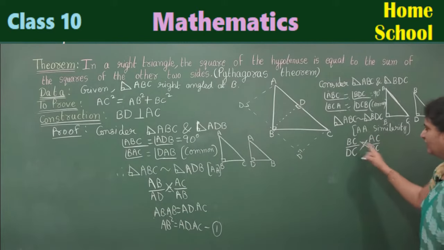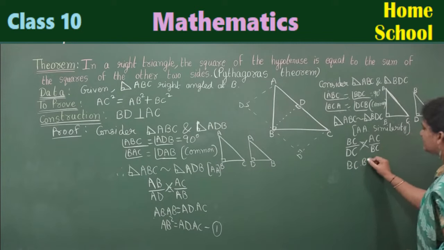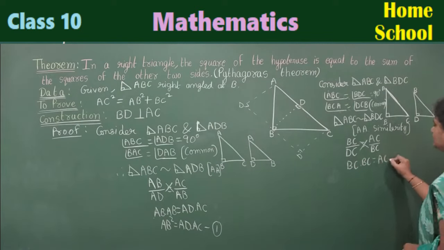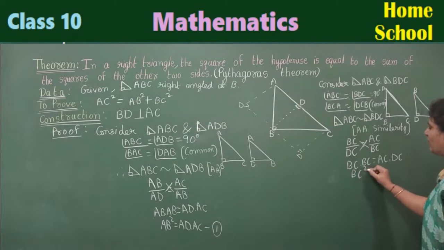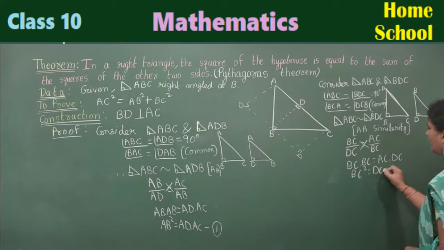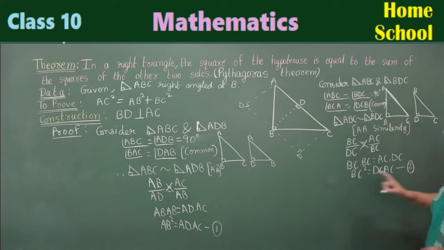Cross multiply: BC into BC is equal to AC into DC. That makes BC square equal to DC into AC, I may write it either way. This is the second equation.